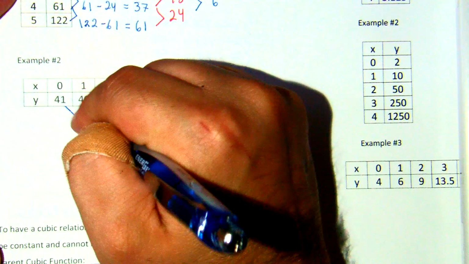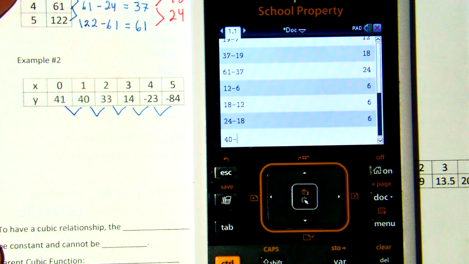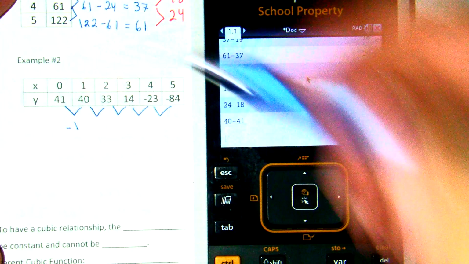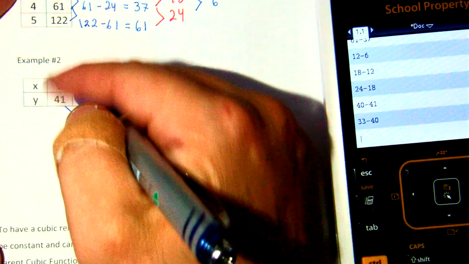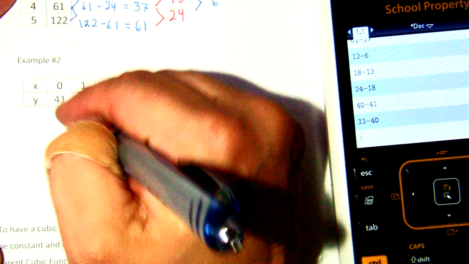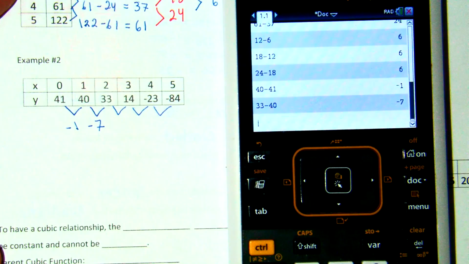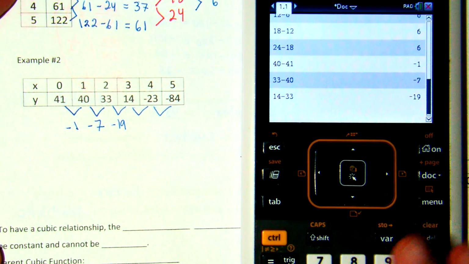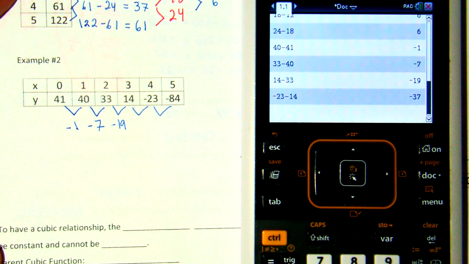Okay, so 40 minus 41 is negative 1. We have 33 minus 40, so negative 7. 14 minus 33, so that's negative 19. Alright, negative 23, subtract 14, negative 37.